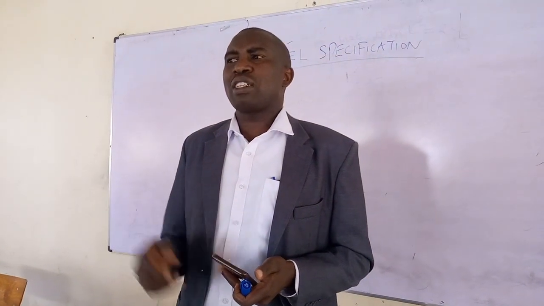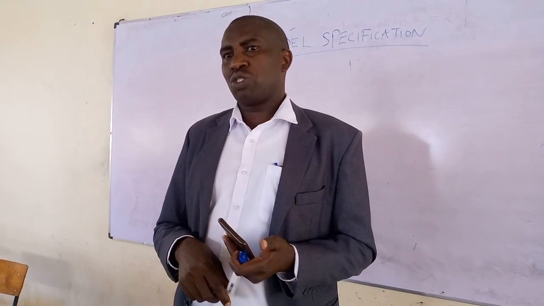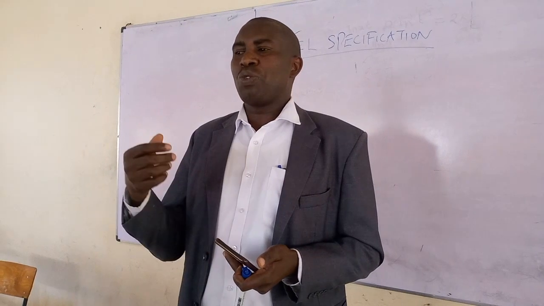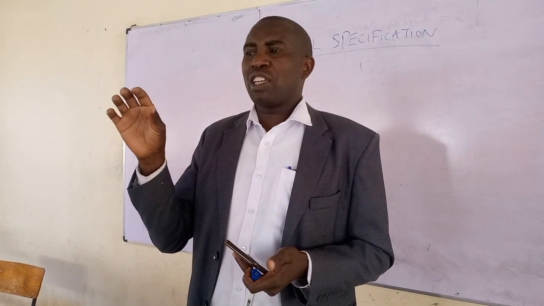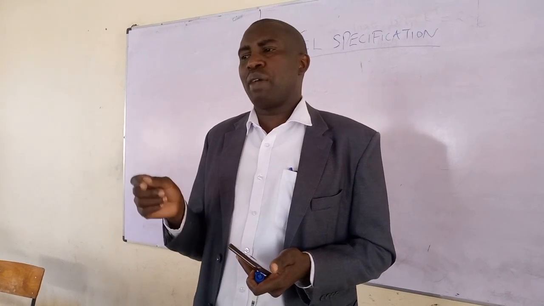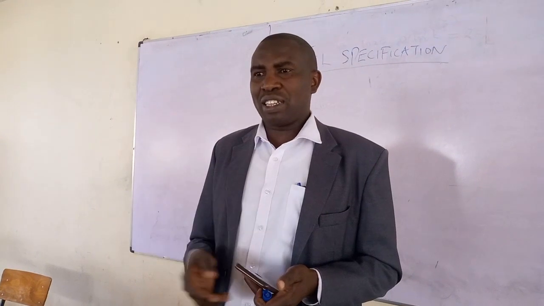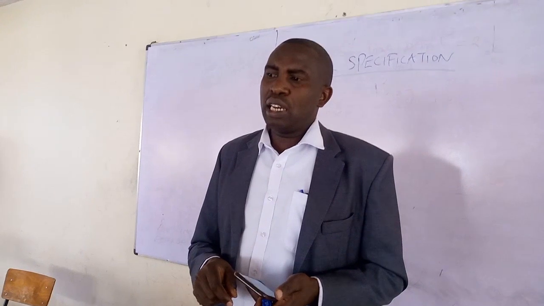So what are the types of model specification errors? Maybe this could be related to the causes. You may experience model misspecification if you omit an important variable in the model.